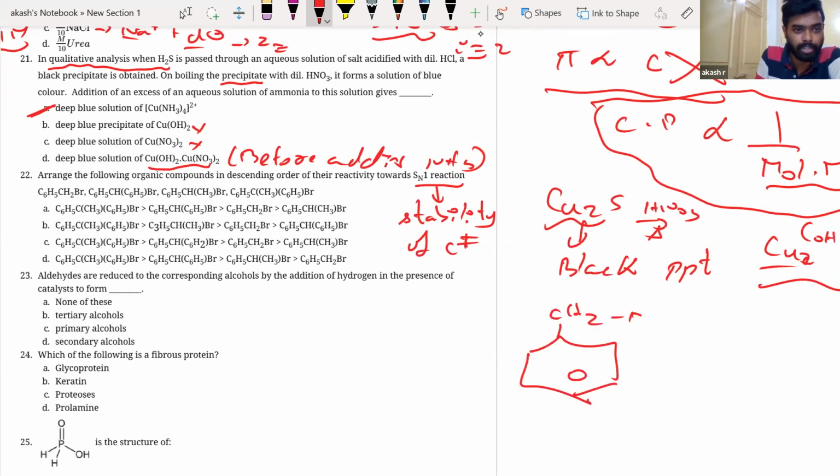Then C6H5CH(C6H5)Br: one benzene ring, and a CH with another benzene ring, and the three bonds are used, so here I have a Br. Next, C6H5CH(CH3)Br.